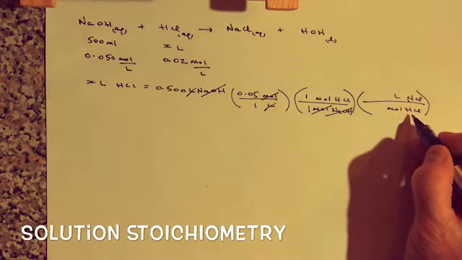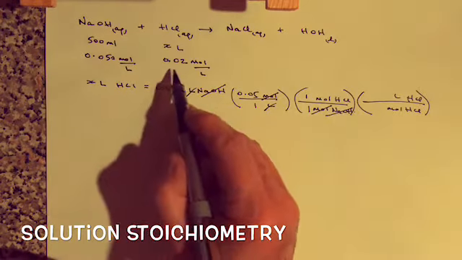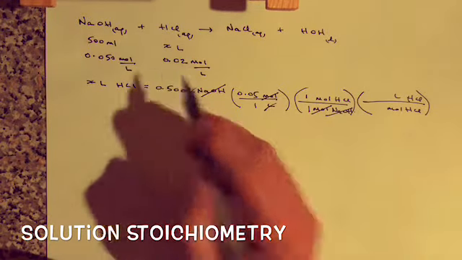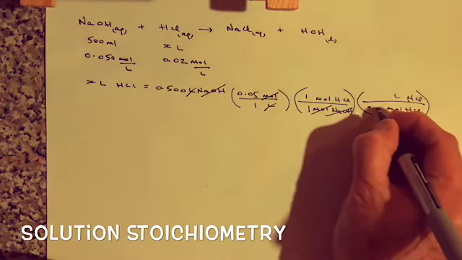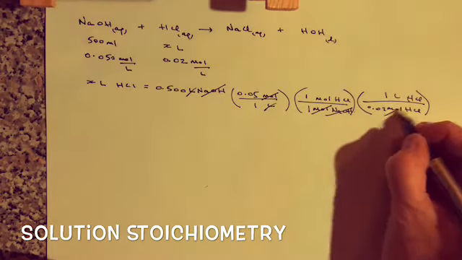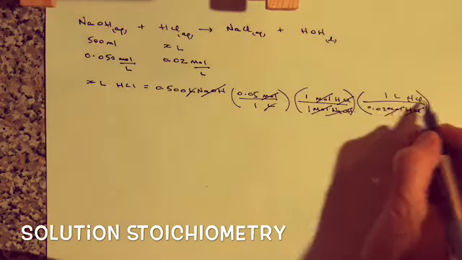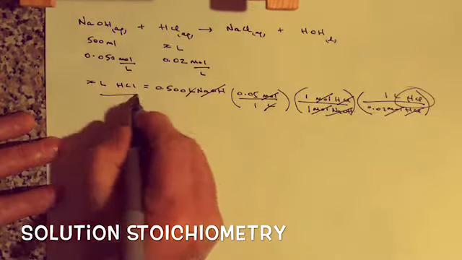You could avoid that part if you like, because HCl is already written up here. But quite honestly, if you look at the concentration, the 0.02 must go next to the moles. So this time it's down in the bottom, and 1 will go up at the top. Now in terms of cancellation, mole and mole will go, that HCl and that HCl will go. And notice what I have left is exactly what I want.